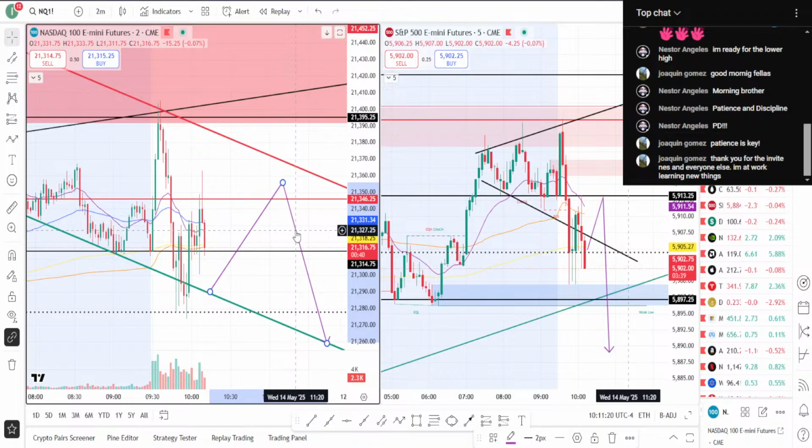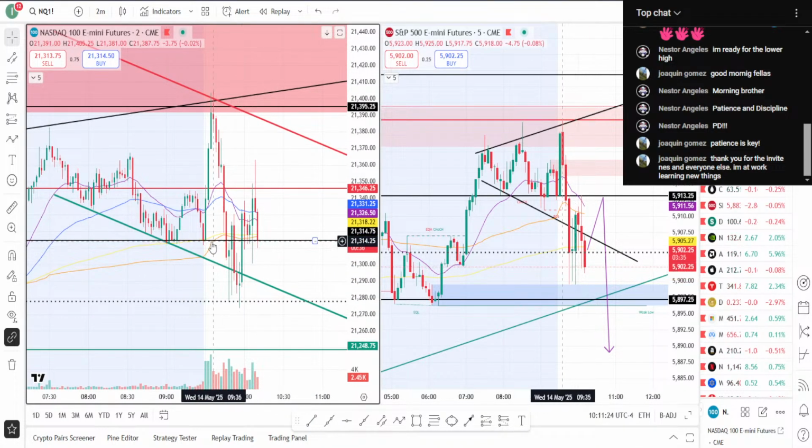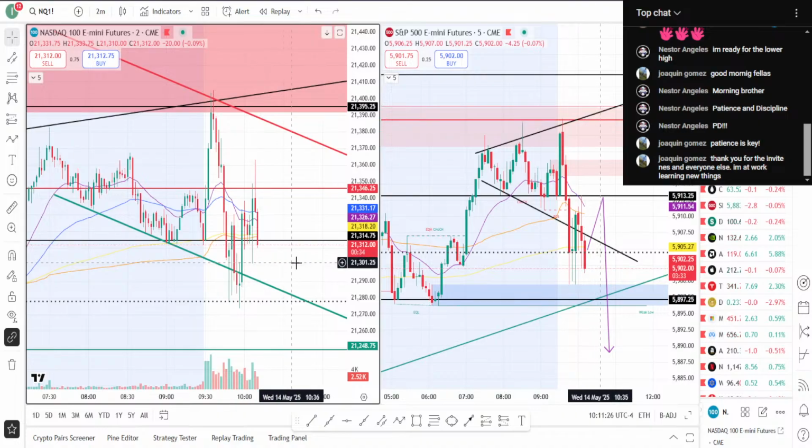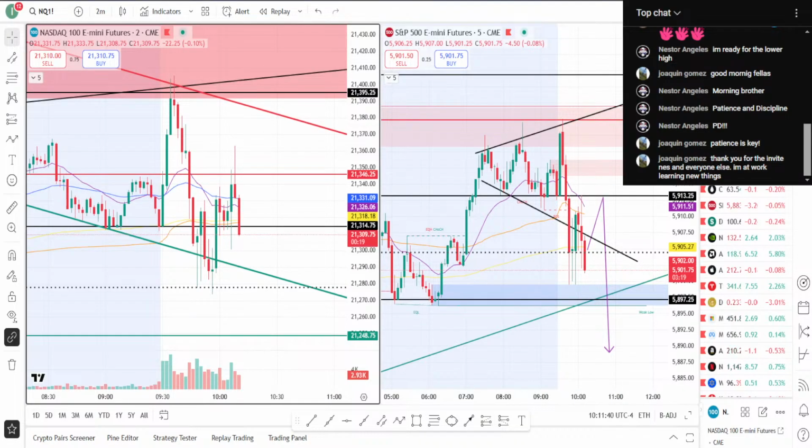I'm liking this move here. I want to see us close below this support right here. That's looking good. And we close strong though. I need a strong close there.